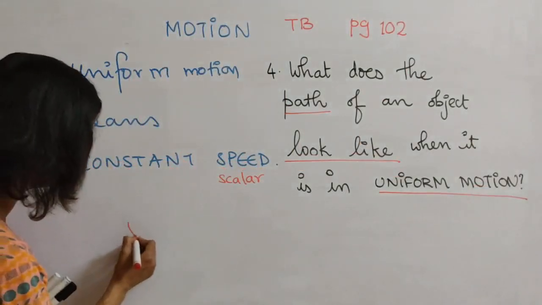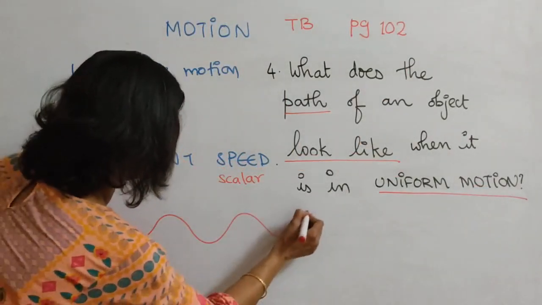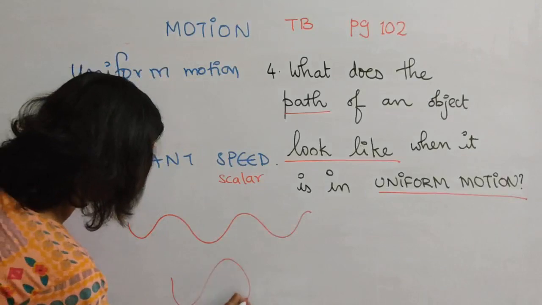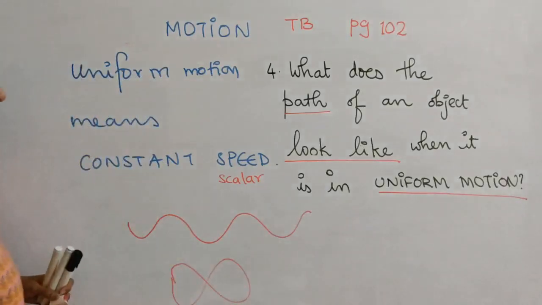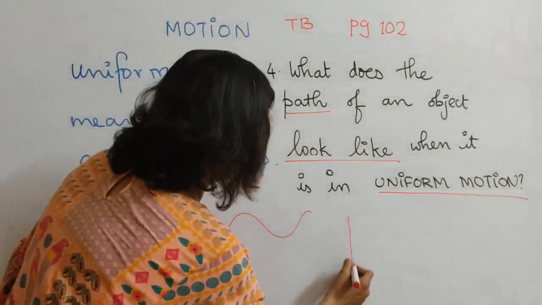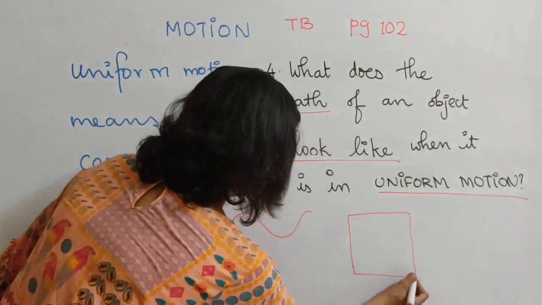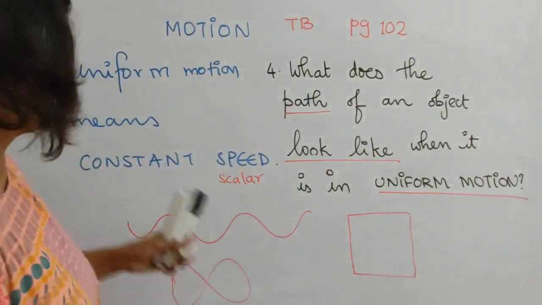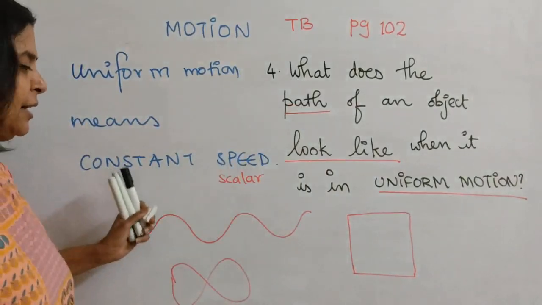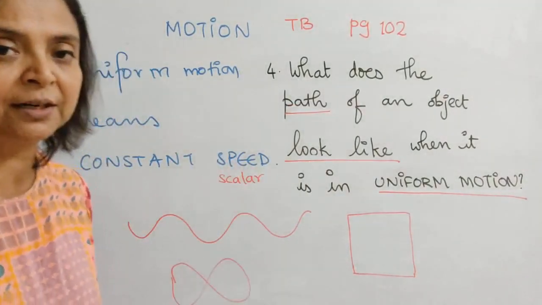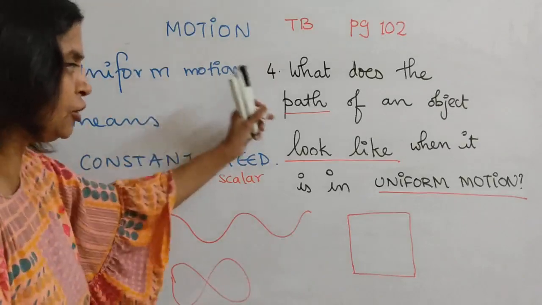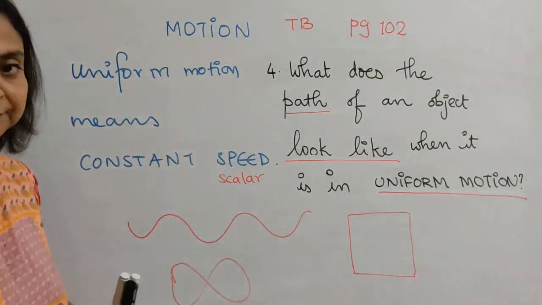So whether you move in a serpentine fashion or like this, or like we had an example of a farmer moving along his farmland. Okay, so as far as the speed is constant, the shape will just not matter. So you may draw any shape to indicate the path.